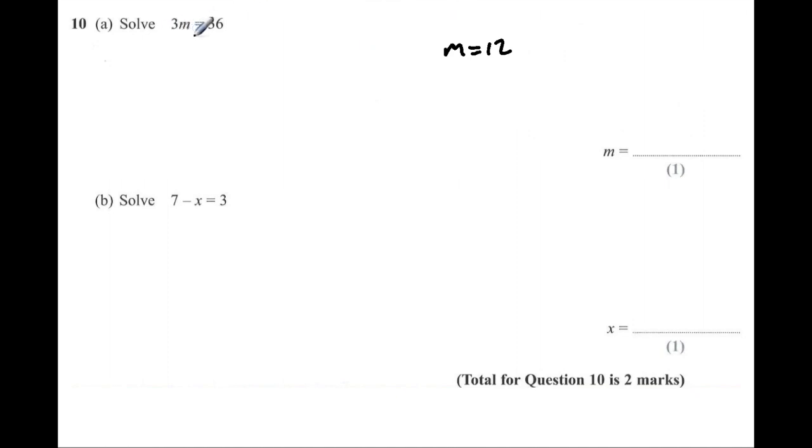Here we have 3 times m. The inverse operation of multiplication is division. So to isolate the m, we're going to divide both sides by 3. And what we're left with is m is equal to 12. So our final answer is 12.